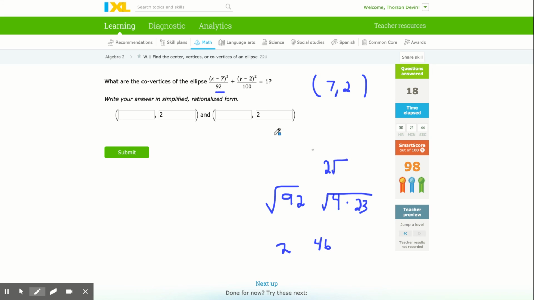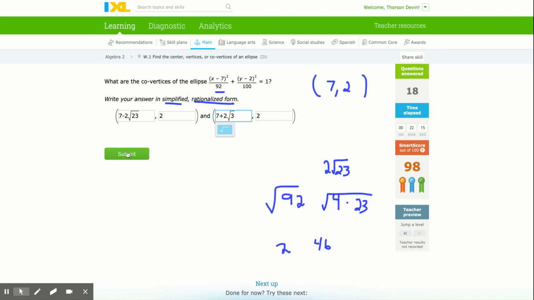So the simplified form is going to be 2 square roots of 23 that I'm going to add and subtract to the x value. So that first x value will be 7 minus 2 square roots of 23. And the other x value will be 7 plus 2 square roots of 3.